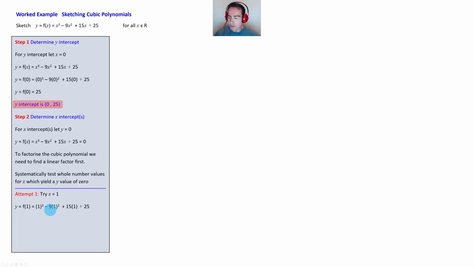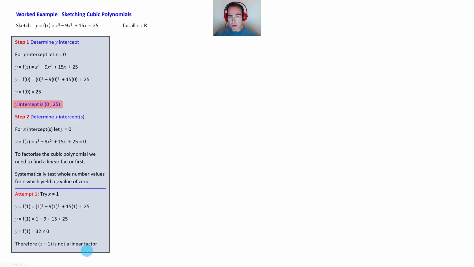This gives us 1 cubed minus 9 times 1 squared plus 15 times 1 plus 25. Shortcutting that gives us 1 take away 9 plus 15 plus 25. We can see that it's not going to equal 0. In fact it equals 32. The fact that that is not equal to 0 means that x take away 1, notice that's x equals positive 1, is not a linear factor.